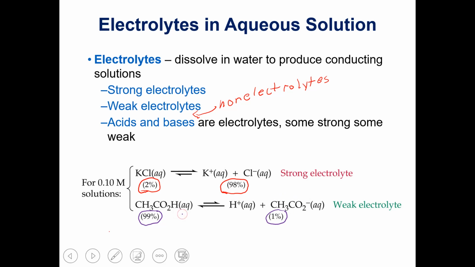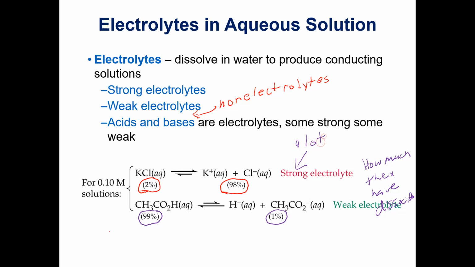So the major difference between these two is how much they've dissociated in solution. The strong electrolyte is dissociated a lot. The weak electrolyte does not dissociate very much at all.